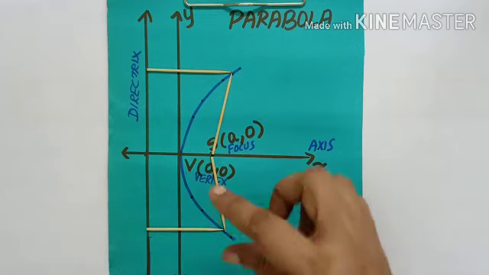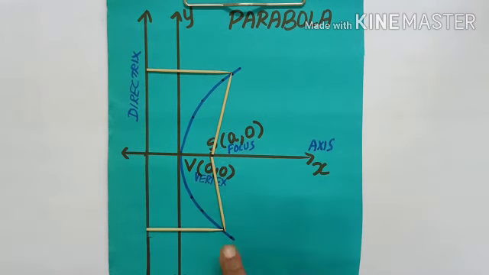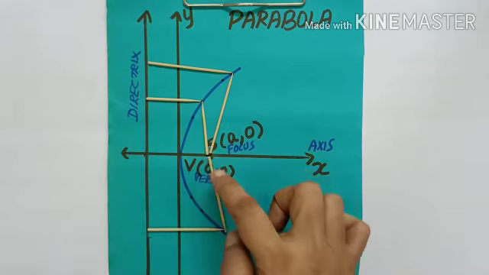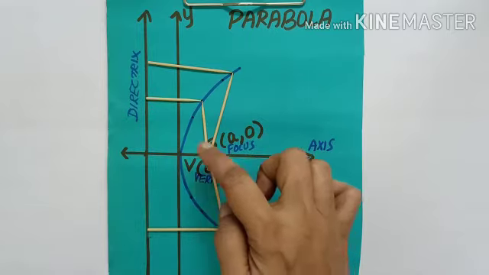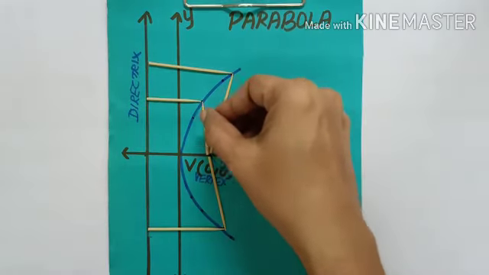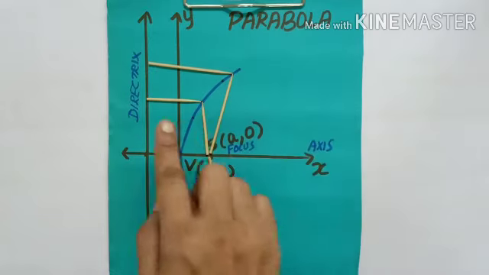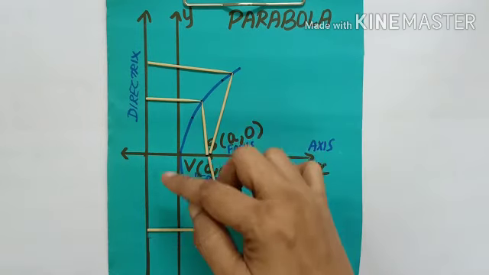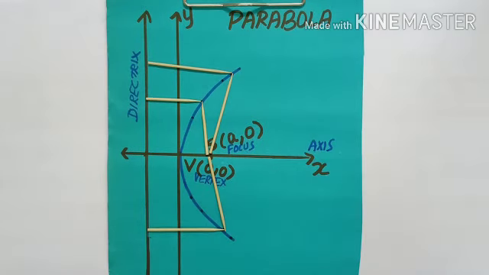This distance and this distance are equal. Mark a point here. We have taken another two equal size sticks, and from here the perpendicular distance from the fixed point, the distance, both must be equal. They meet here. So join all these points to get the parabola.